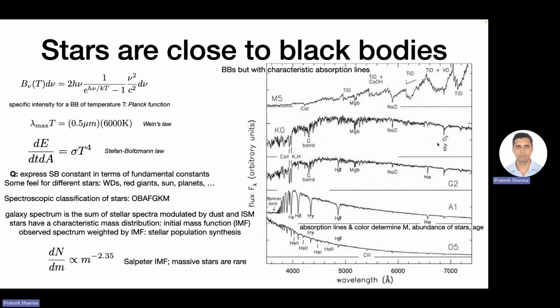This is a K star. K is smaller, less massive than the sun, and you see progressively the peak lambda max shifts to optical and beyond, infrared, as you go to lower mass stars. So this is called the spectroscopic classification of stars.